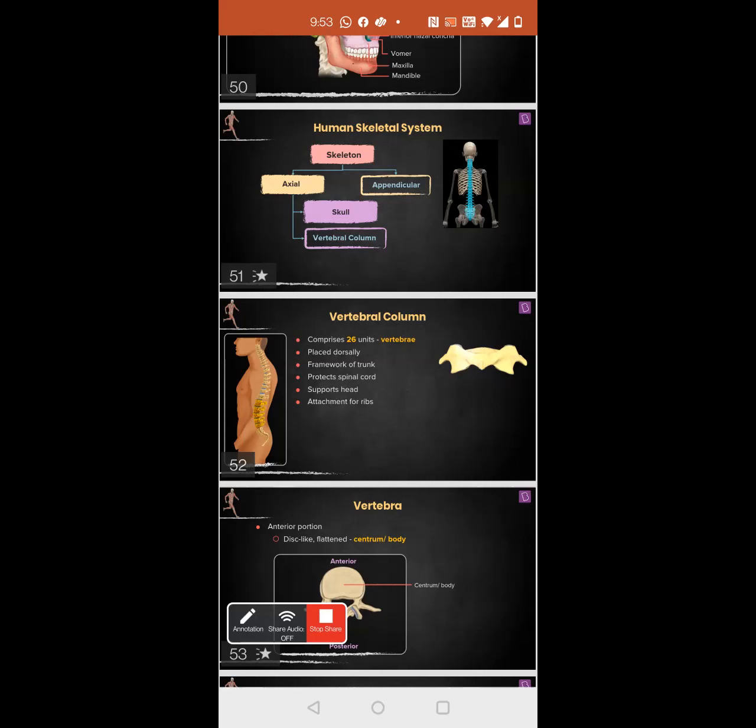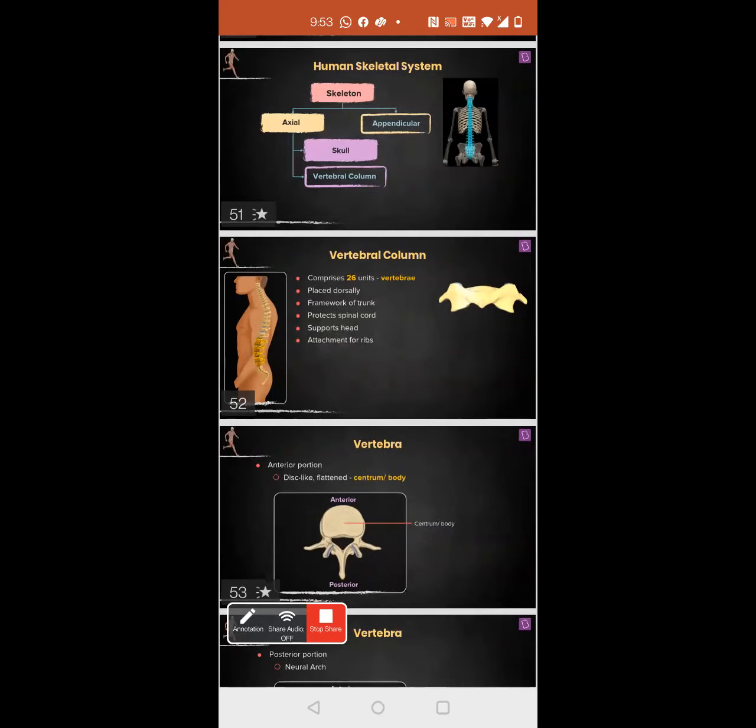The vertebral column also gives you a structure to stand. If you don't have the vertebral column, you won't be able to stand straight; you will bend off. That support from the back is given by your vertebral column.